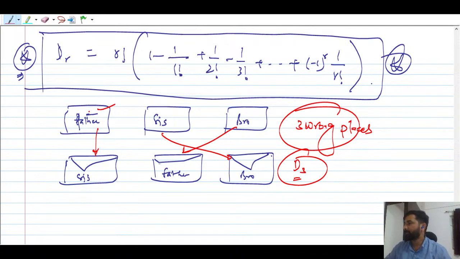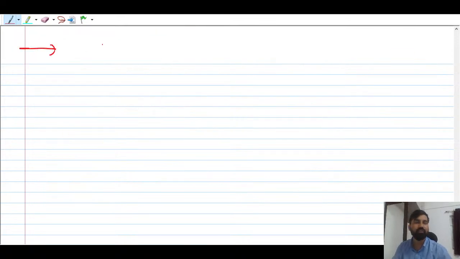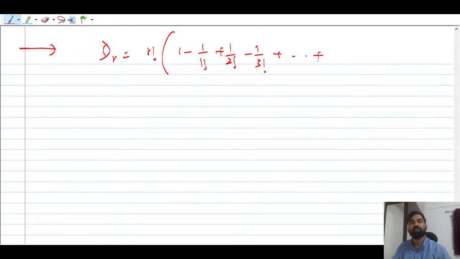There are some values that you have to remember for your exam to solve this kind of question. So suppose you have got Dr, r factorial times 1 minus 1 by 1 factorial plus 1 by 2 factorial minus 1 by 3 factorial plus minus 1 to the power r, 1 by r factorial, right? What is the value of D0? D0 is 1, D1 is 0, right?